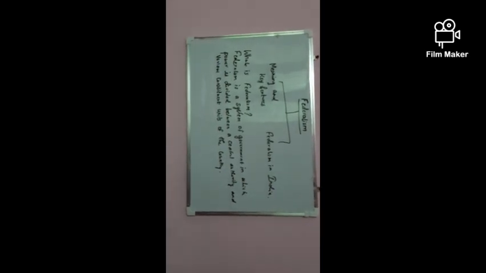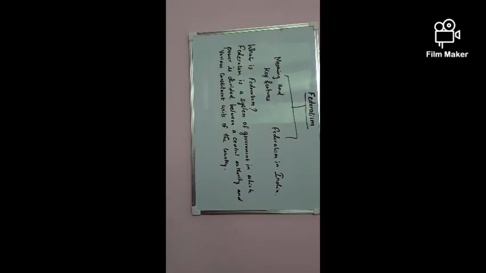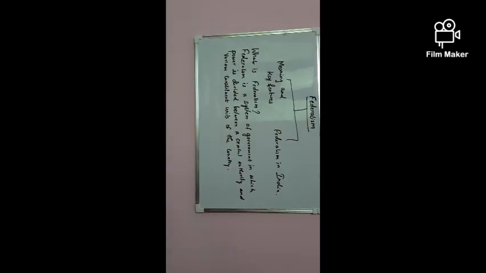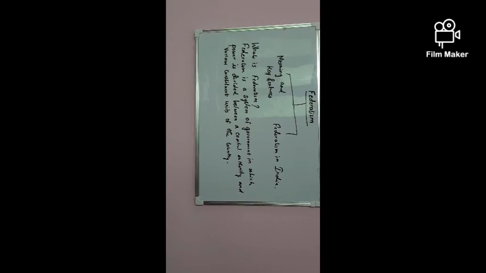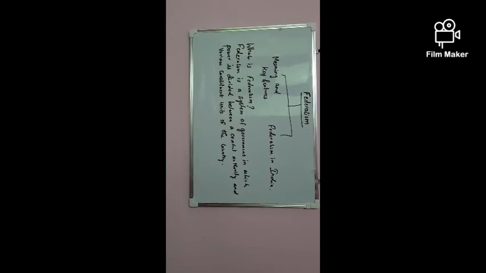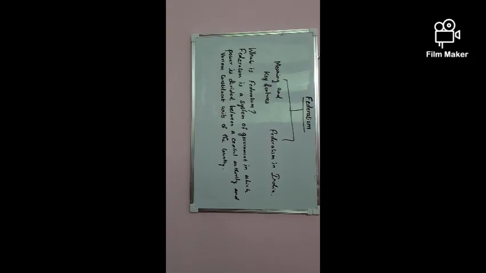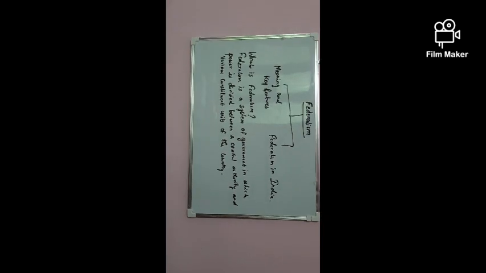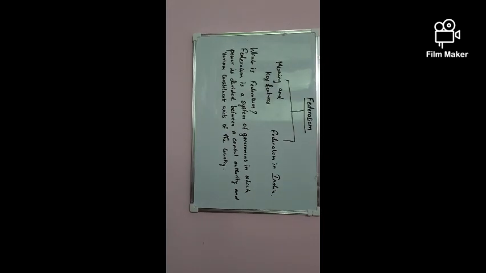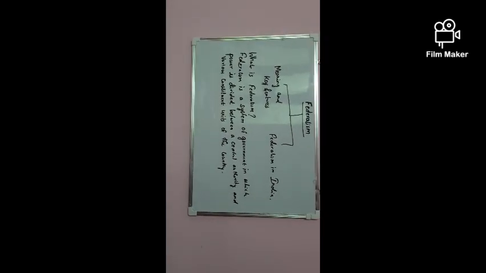Federalism is a system of government in which the power is divided between a central authority and the various constituent units of the country. You know that for a state there is a separate state government, while the central government is common for all the states. So it has been divided into two systems.